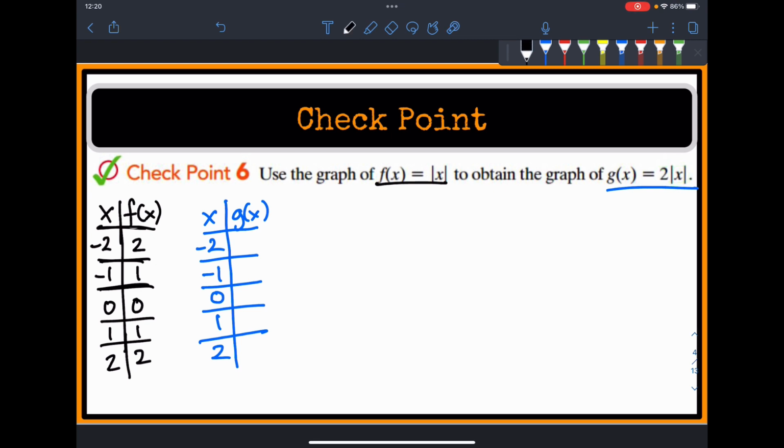So 2 times 2 is 4. 2 times 1 is 2. 0 times 2 is 0. 1 times 2 is 2. And 2 times 2 is 4. So all I did was get these numbers and multiply them by 2. And look what happens to our graph.